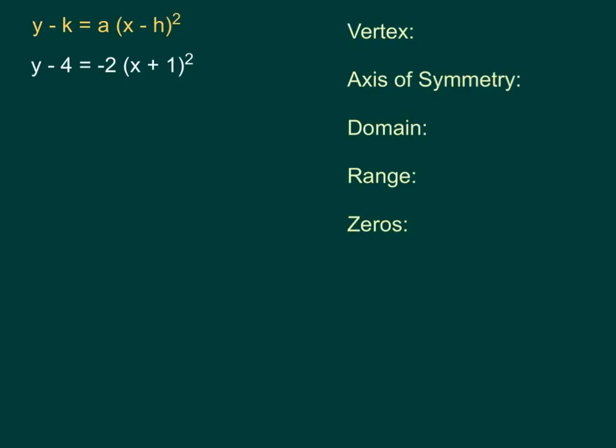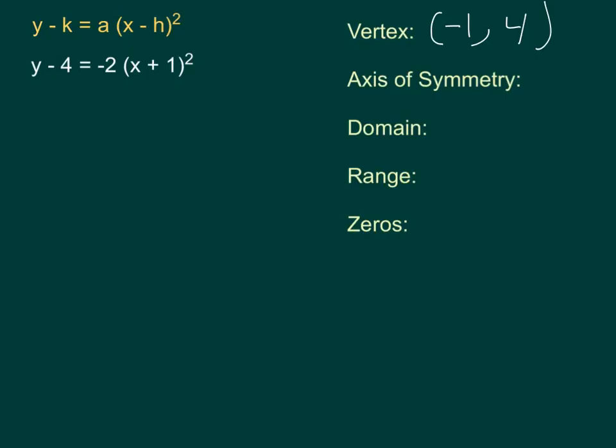I'm looking to see what h and k are, and h and k are being subtracted from x and y respectively. So if this is a plus 1, that means I must be subtracting a negative 1 for my x coordinate, and I must be subtracting a 4 for my y coordinate. So negative 1, 4 is my vertex. That's what I get from there pretty easily.